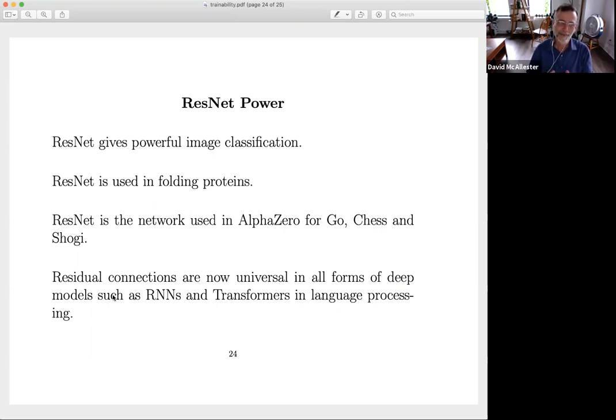I don't want to go into that now, but it's a central tool in protein folding. ResNet is the network used in AlphaZero. So this same architecture can do vision, can do protein folding, can do chess and Go and shogi.